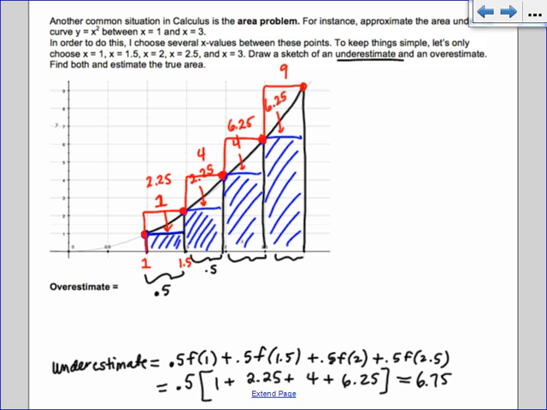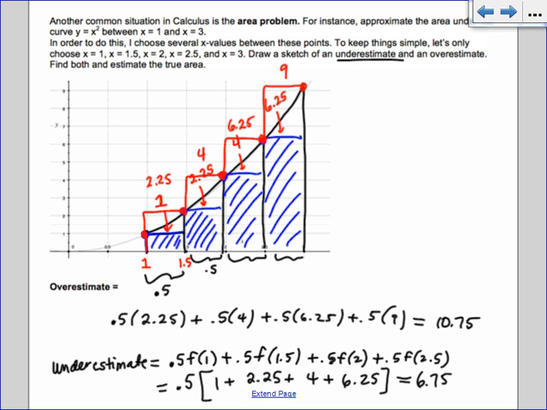Does that make sense? Okay, so the overestimate ends up being 0.5 times 2.25 plus 0.5 times 4 plus 0.5 times 6.25 plus 0.5 times 9. Okay, so that one ends up being 10.75.